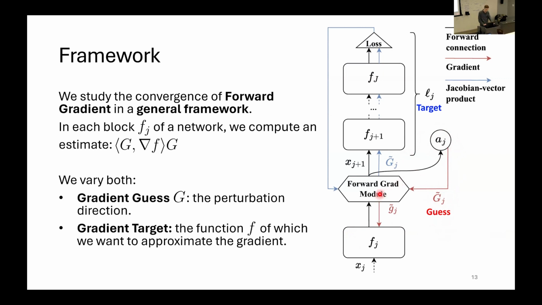Now we are going to propagate in the forward the output of the module, but also our guess direction g tilde. Using a Jacobian vector product, we will obtain the scalar product between our guess direction and the gradient of our target, which here is the entire network. With this estimate, we will update our parameters. It'll be a bit more precise later on how we update.